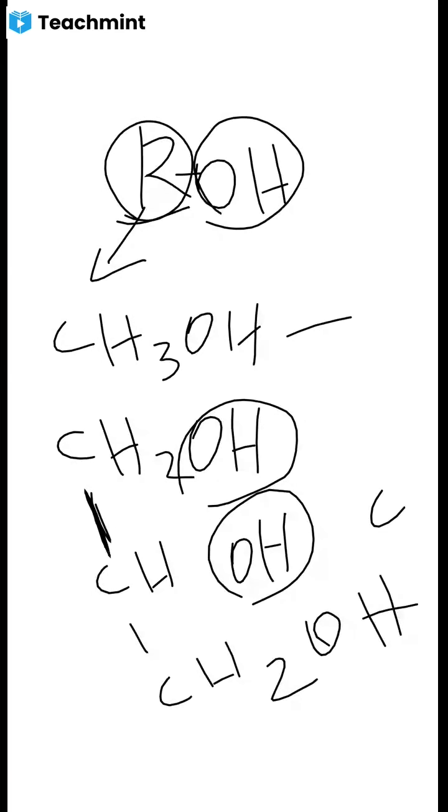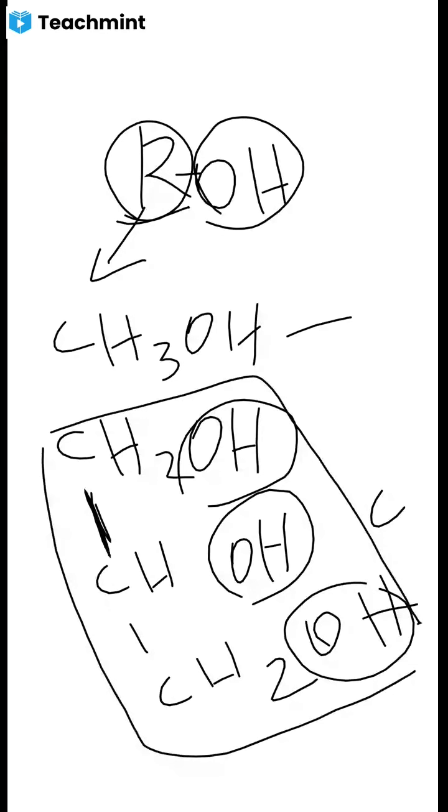The compound is CH2OH, CHOH, CH2OH. So 3 OH groups are there. This trihydric alcohol is glycerol. So these are examples for monohydric, dihydric, and trihydric.